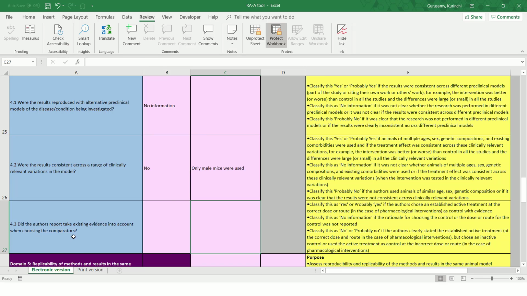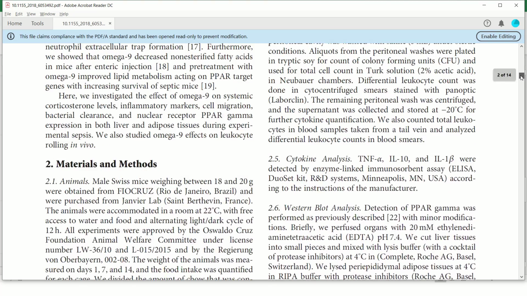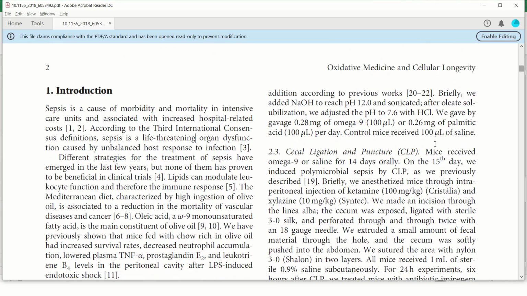Did the authors report taking existing evidence into account when choosing comparators? It's not clear how they chose no treatment as comparators. You can say that people don't take oleic acid routinely.